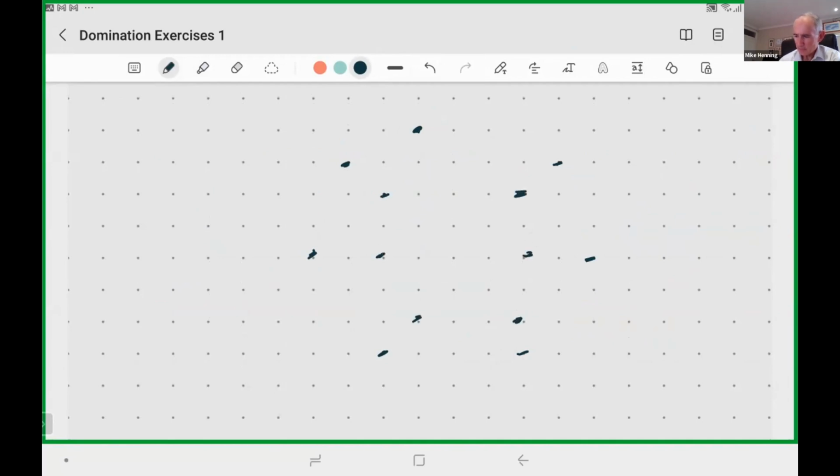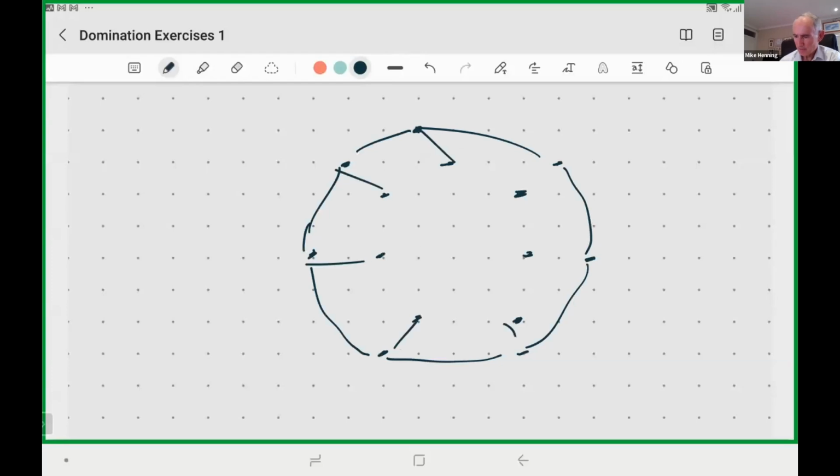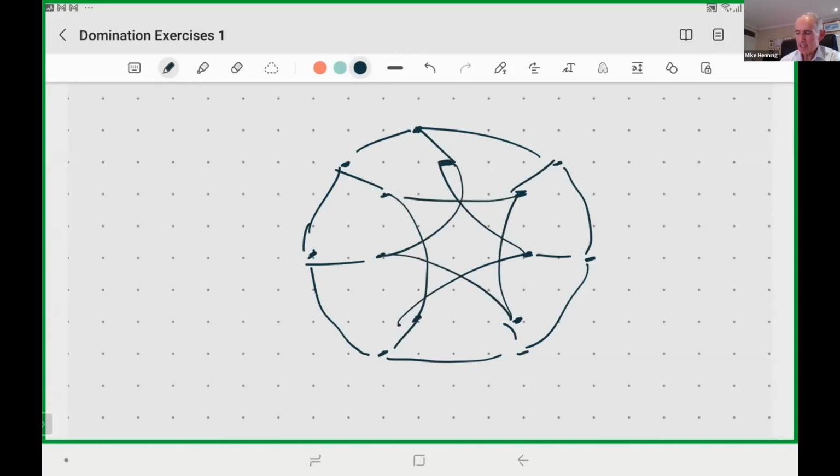Here's our generalized Petersen graph, 2, 4, 6, 7. Hopefully I've drawn it okay. So what we've got is 2 types of vertices. That one's in the outer cycle, one's in the inner cycle. Complete symmetry. So there's two cases to look at.